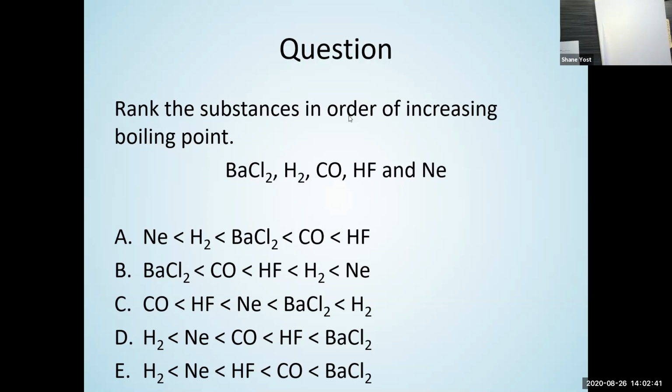I'll first give you guys a little bit to think about this yourself, discuss with those around you. But as you're thinking about it, first think about how boiling point relates to the intermolecular forces, whether or not a higher boiling point is stronger intermolecular forces or weaker intermolecular forces.